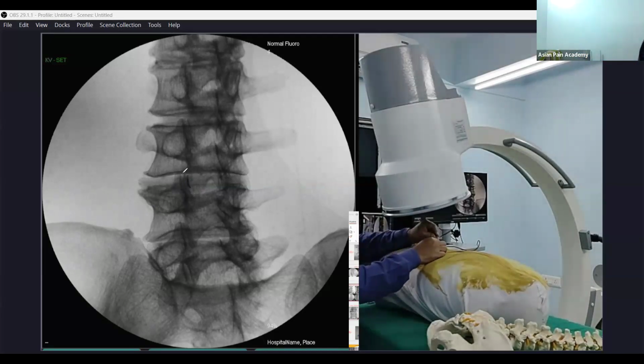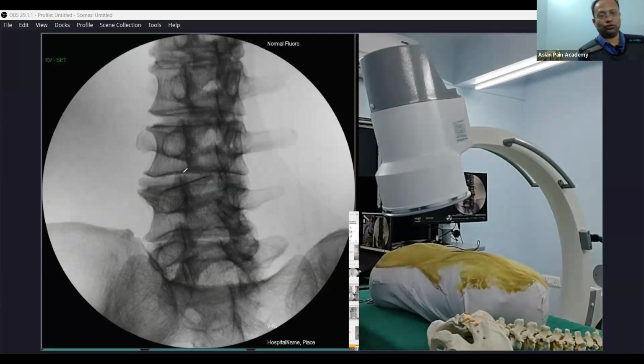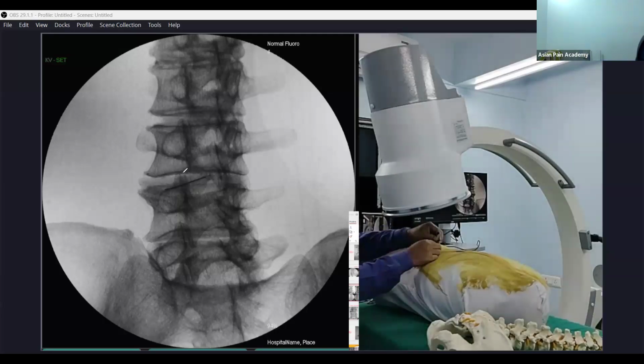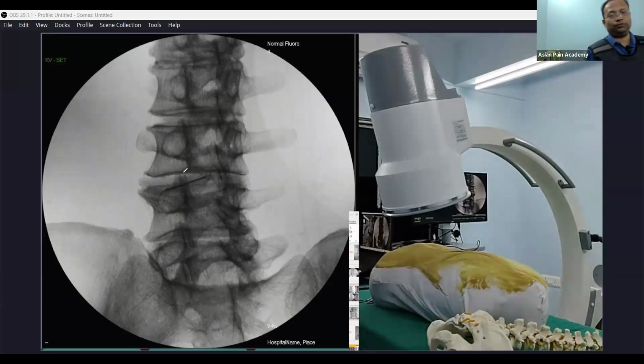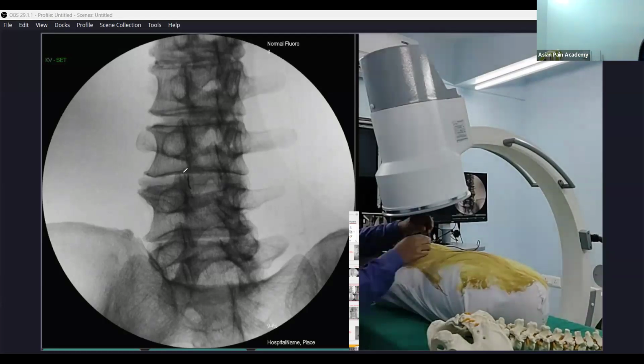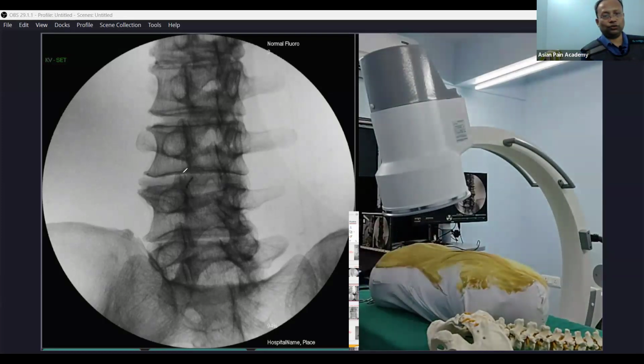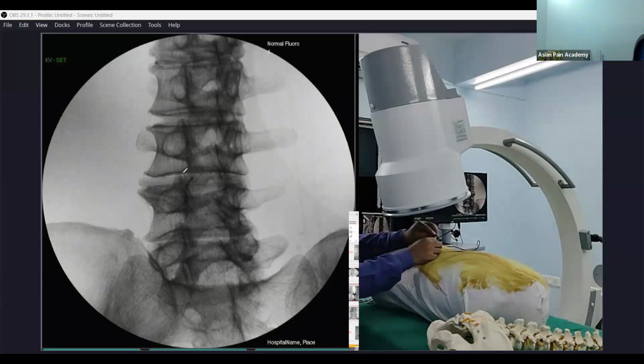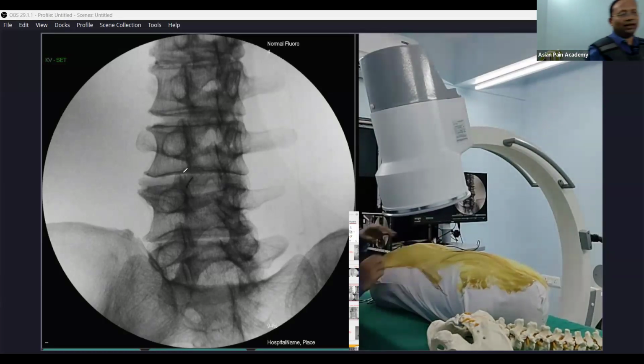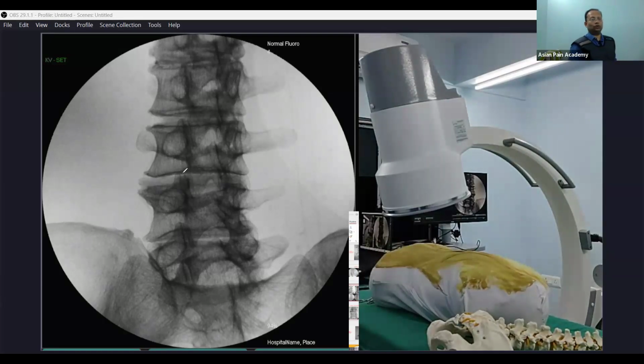I will go a bit lateral now. Shoot. Let's shoot. There. Okay, I'm going there and getting okay. I'm inside the joint. Shoot.